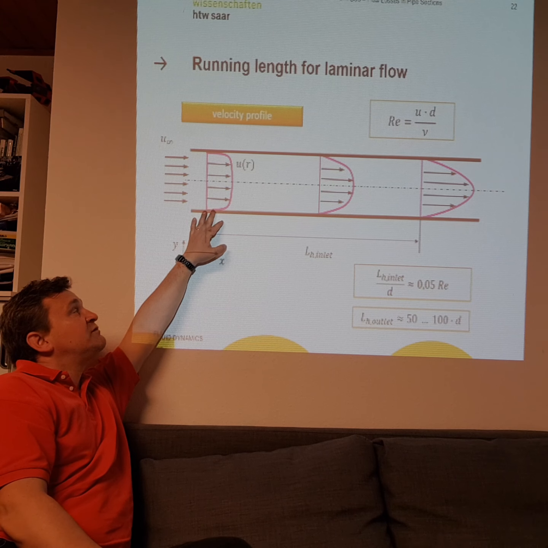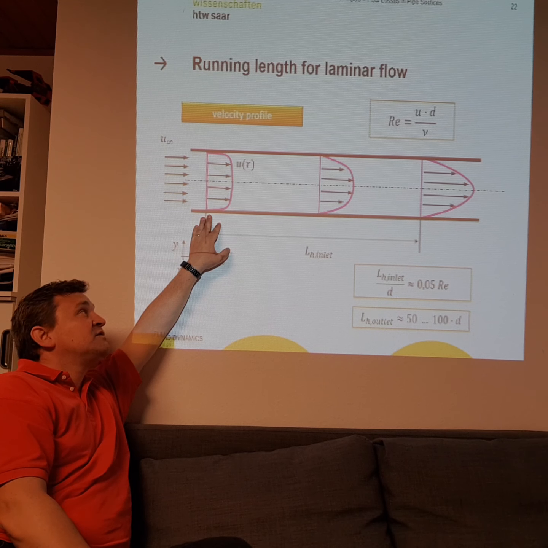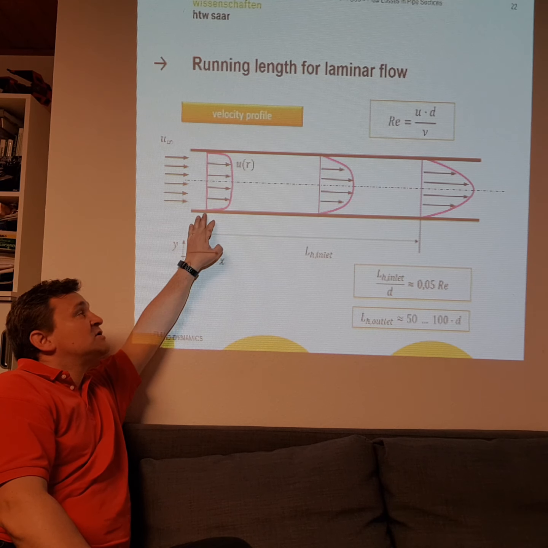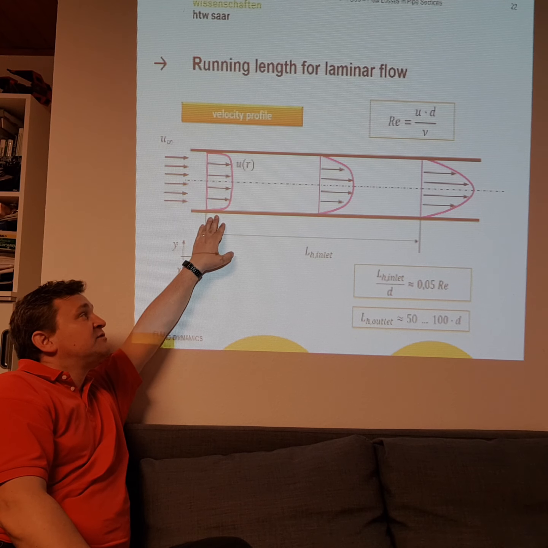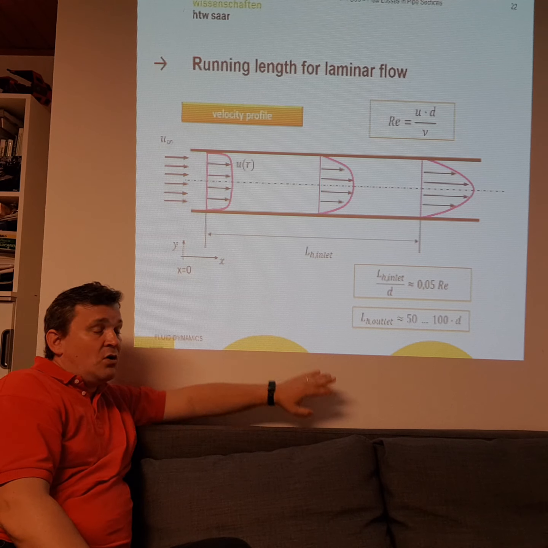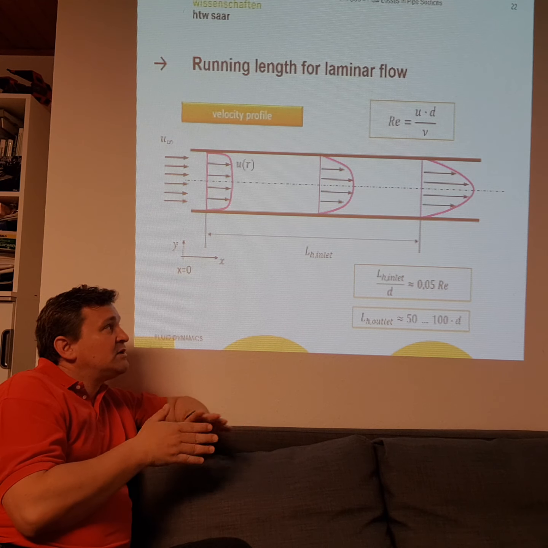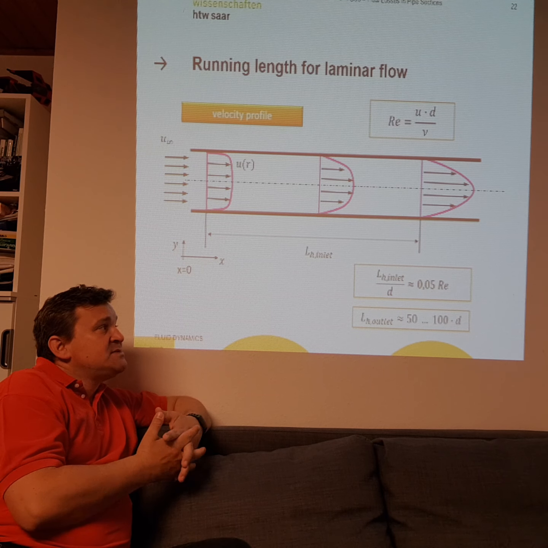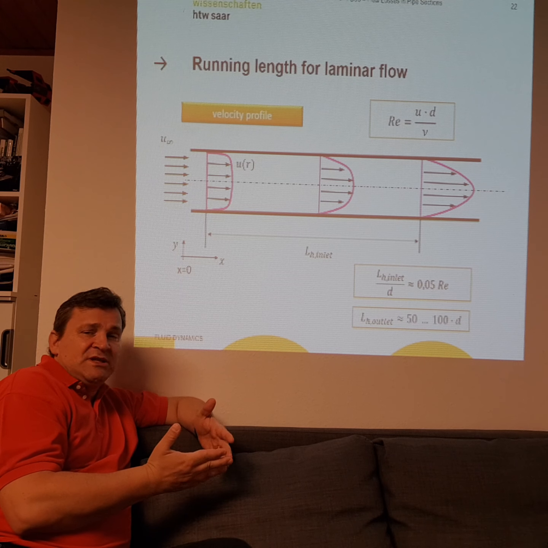But at the side of the pipe you will always have roughness, and you will always have velocity 0 at the wall of the pipe. Then as the fluid flows, you get more and more parabolic profiles.